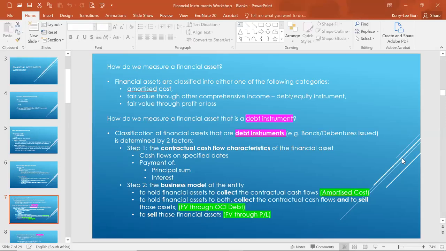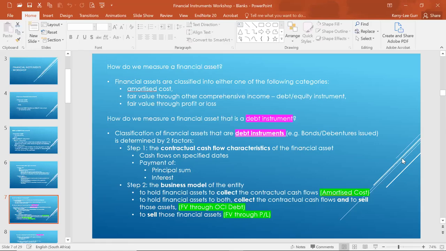And that payment is going to reflect a payment of the principal sum. So say the loan was for 20,000 Rand, as well as the interest, which is that interest portion on the principal sum. So those are the kind of things that we're looking for when we are trying to determine this debt instrument. What type of item do we have? What are the characteristics that revolve around those?